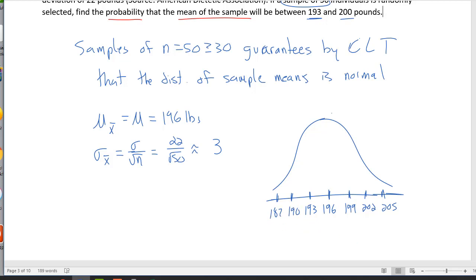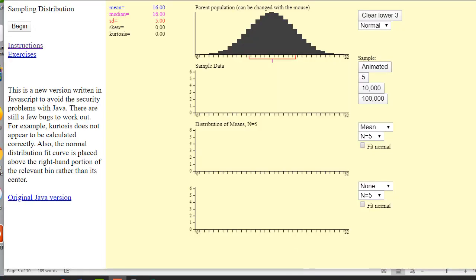So this question is asking, what is the probability that the mean of the sample will be between 193 and 200? Now, keep in mind, this graph is the distribution of sample means.